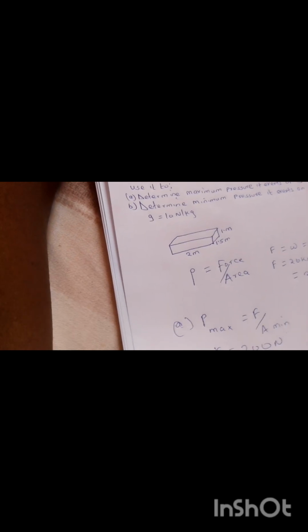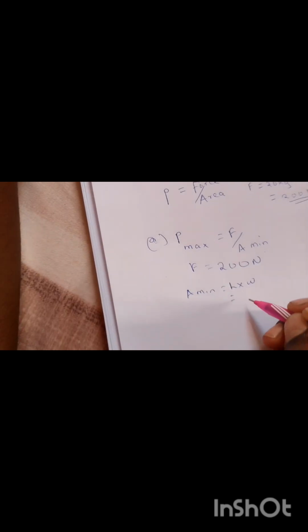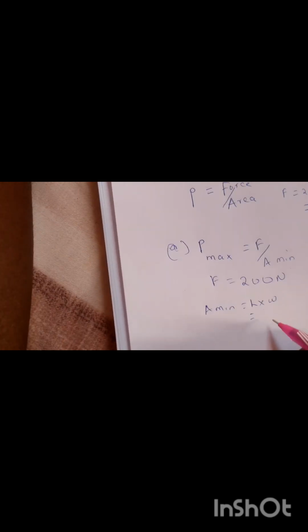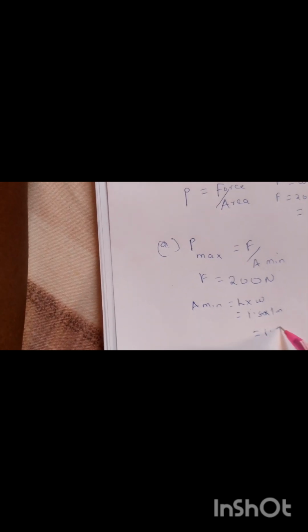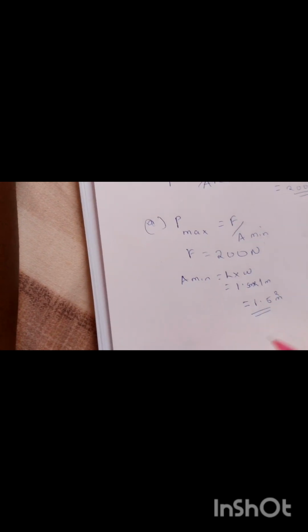So our area minimum will be length times width, which is 1.5 and 1 meters, which gives us 1.5 square meters. So this is our area minimum.